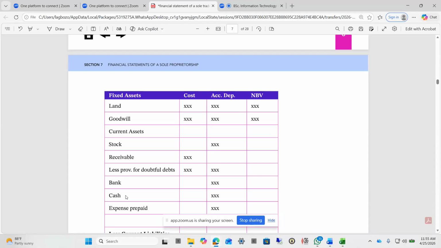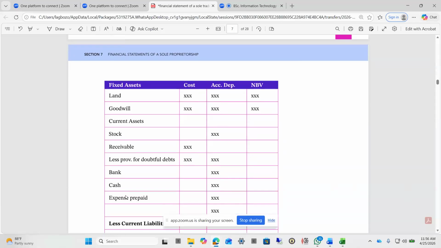The 1 year that you pay is for the current year. The advance that you pay is for the next year that hasn't come yet. And that money, the advance, is your asset. You can decide to collect it at any time. So it's part of your asset. And that is what we call prepayment. Advance payment is what we call prepayment. Is that okay?